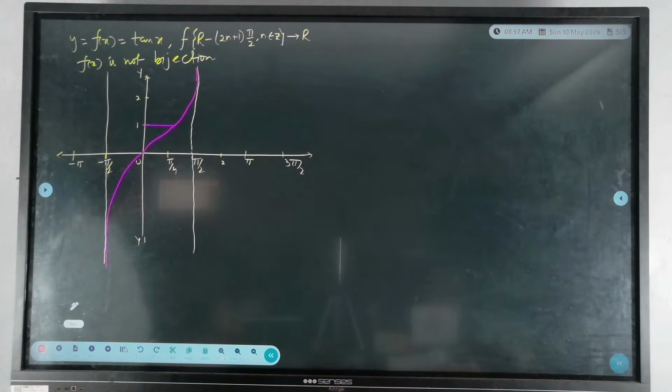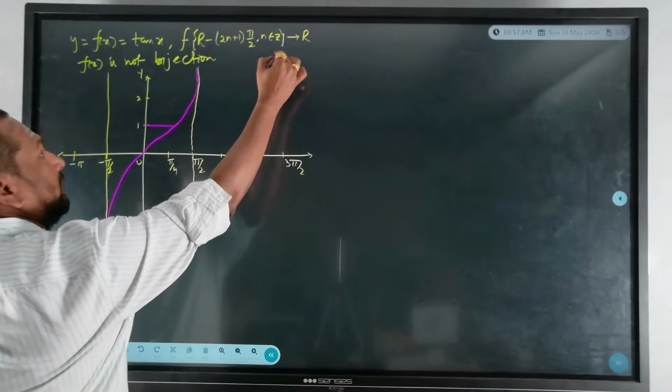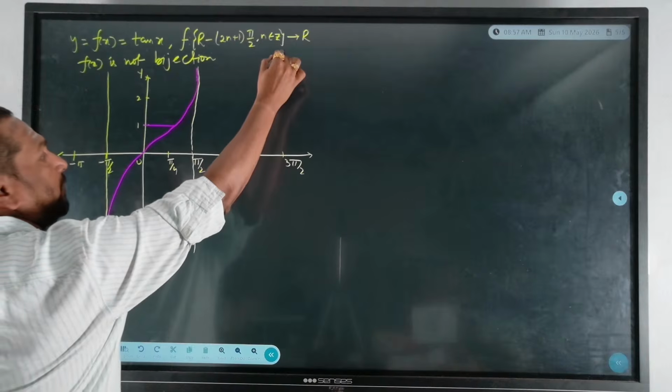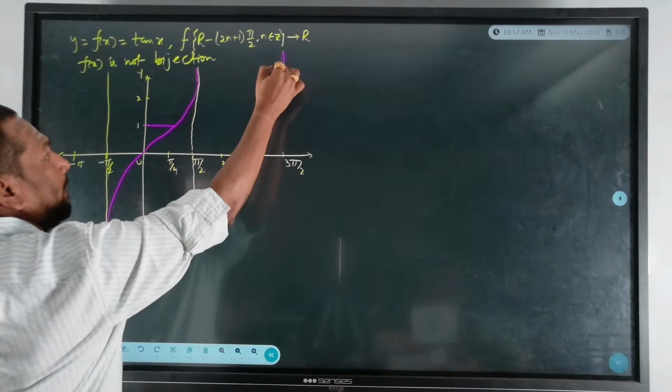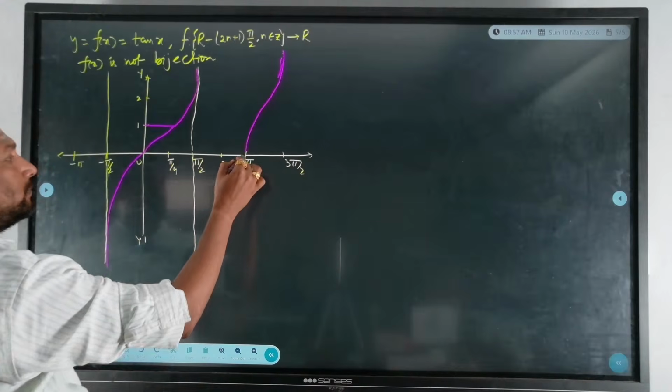Okay. Again, tan 270 is not defined. 3 pi by 4, 1 here it will come. Again, 0.